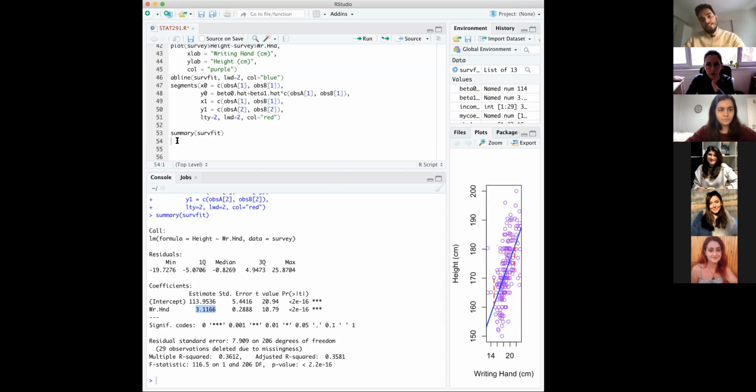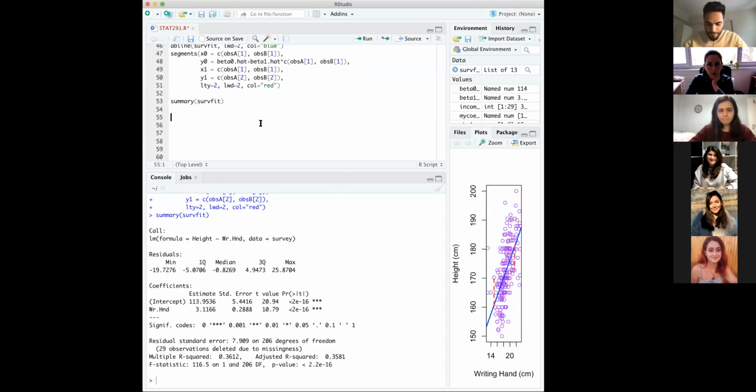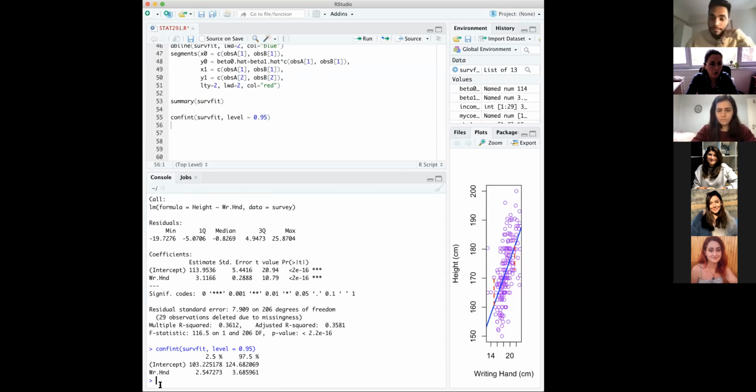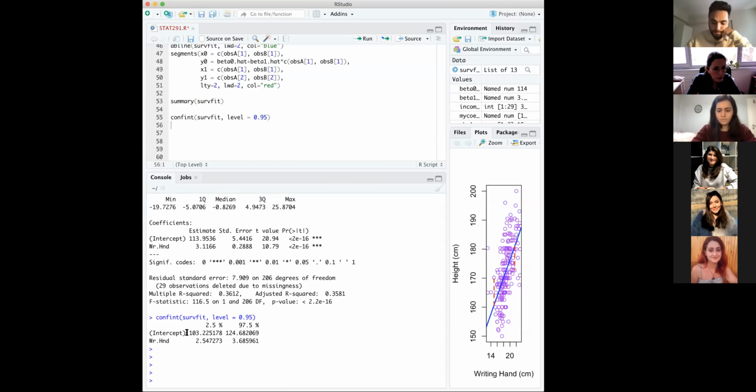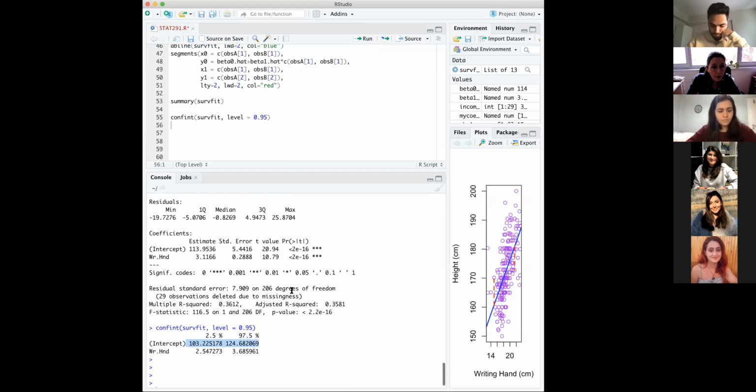And we want to just check out the confidence intervals. Let's say confint. And here is my model, surfit. And my level is 0.95, okay? That means your alpha is 0.05. And when you check out your confidence intervals in here, you see that. Please remember that we already talked about these p-values because we said that they are really, really small.